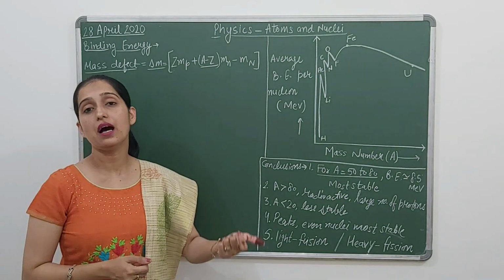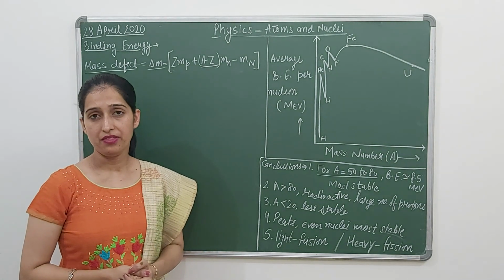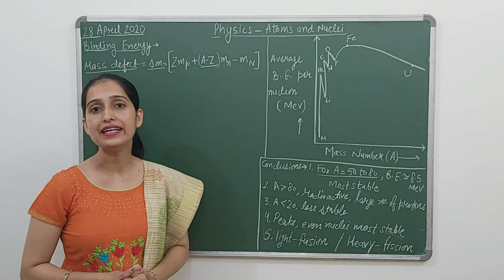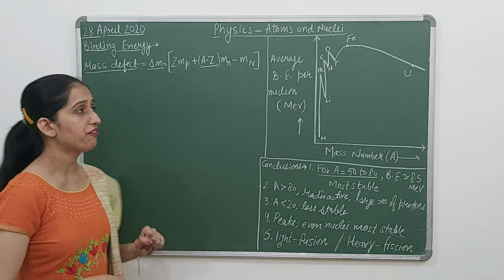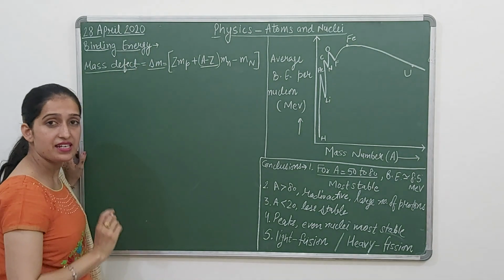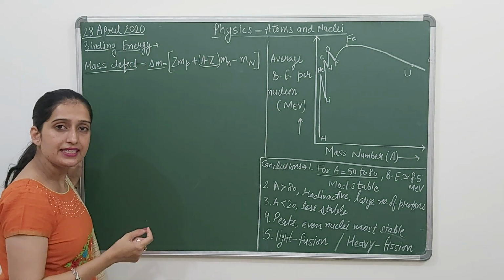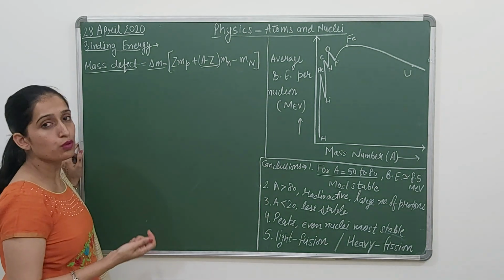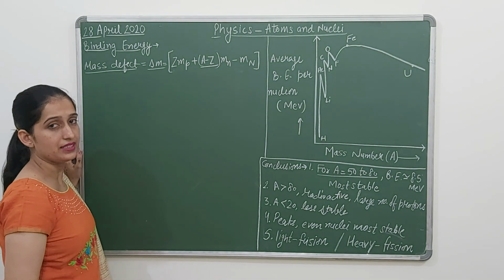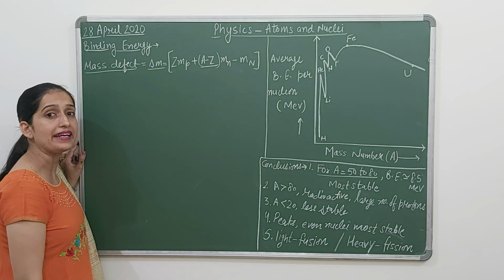At that time, the amount of energy released is also the binding energy. So the definition of binding energy is the minimum amount of energy required to separate the nucleons from each other.